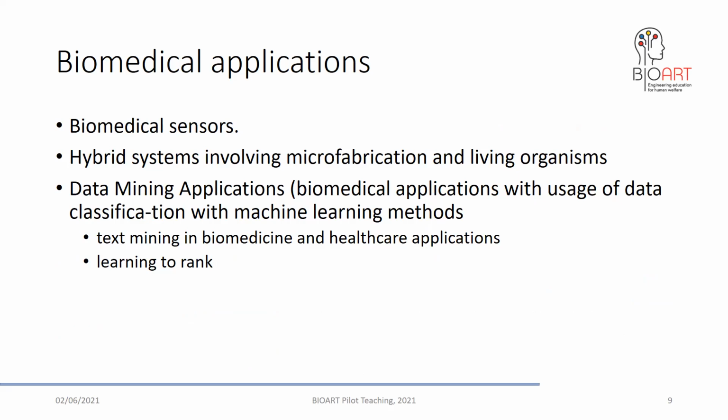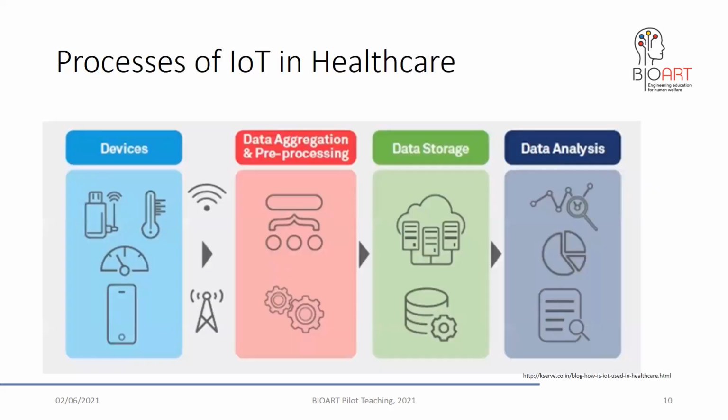It could be hybrid systems involving microfabrications and living organism, and it could be data mining applications with the usage of data for classifications and machine learning methods. It is for text mining, learning terrain, and many other data mining applications.